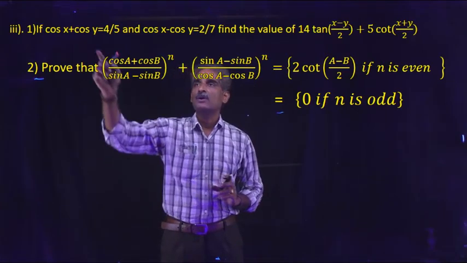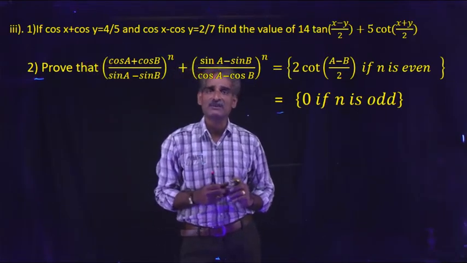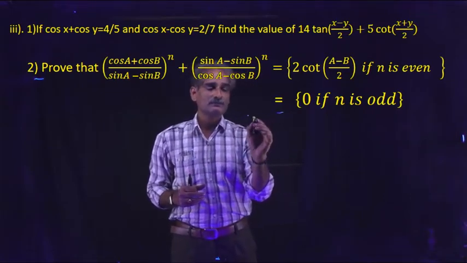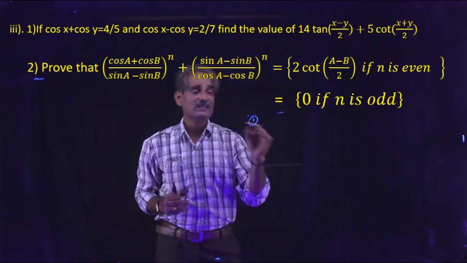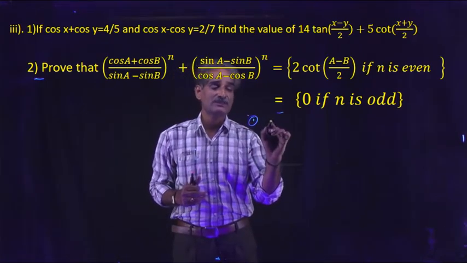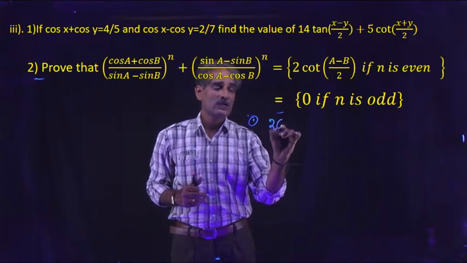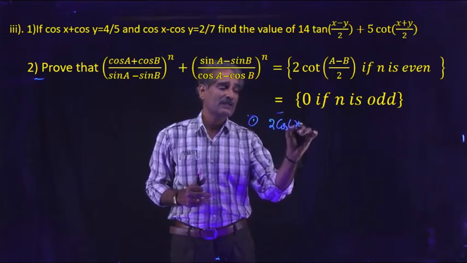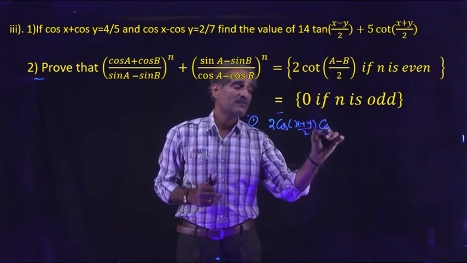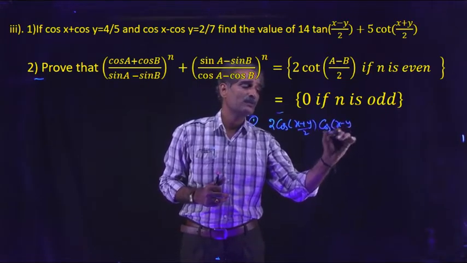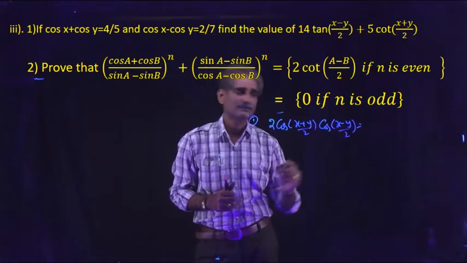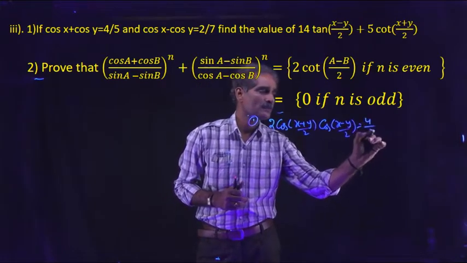So now the first one, cos x + cos y. The transformation of cos x + cos y gives 2 cos((x+y)/2) cos((x-y)/2) = 4/5.